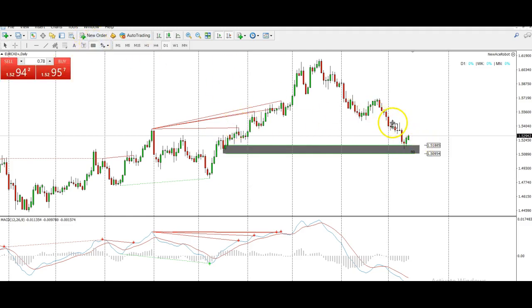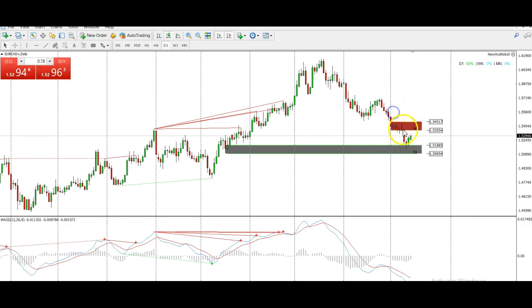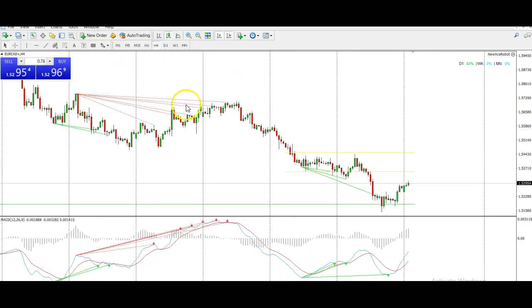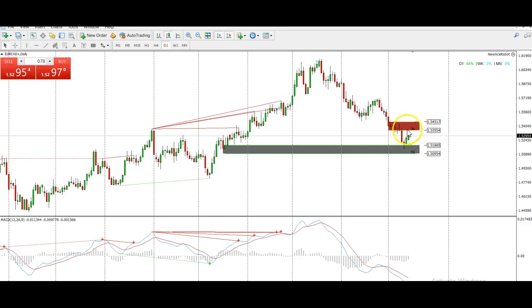First easy target is here. Let's cause this. So Euro CAD still needs to achieve its first easy target up towards 153,500, in towards this zone here. So liking it to start moving up a bit higher this week.